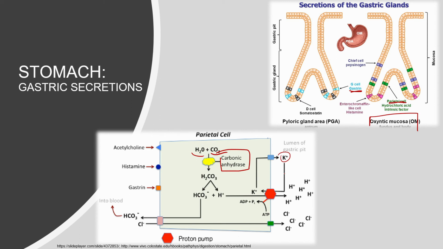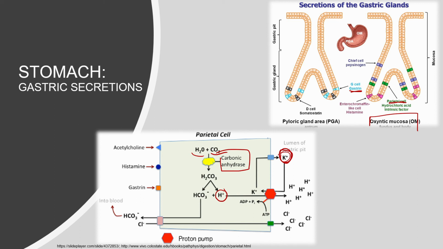If we take those H+ ions, hydrogen ions, these are actively exchanged for these potassium ions in the lumen through the action of the proton pump. So in this way, the potassium is effectively recycled.